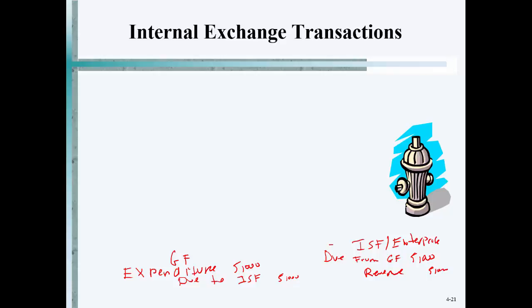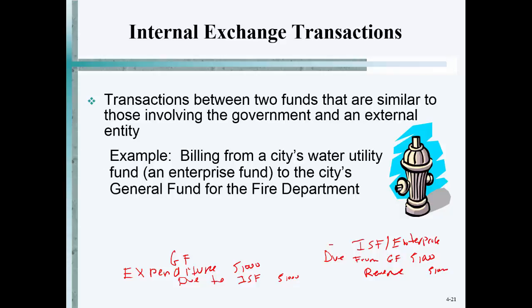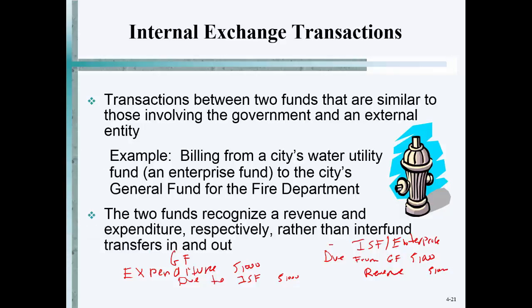Okay, good. Let's take a look at what happens when one fund is providing a service to another fund. If we are being provided a service, say water, water comes from the enterprise fund, doesn't it? In the general fund, we'll debit expenditure and credit due to the enterprise fund, because we're going to owe them $5,000.